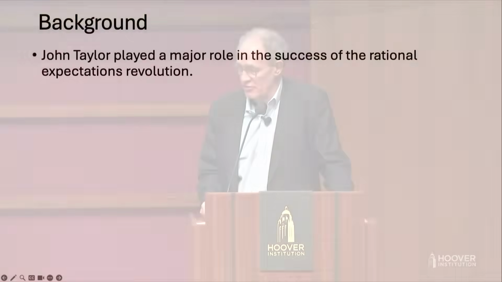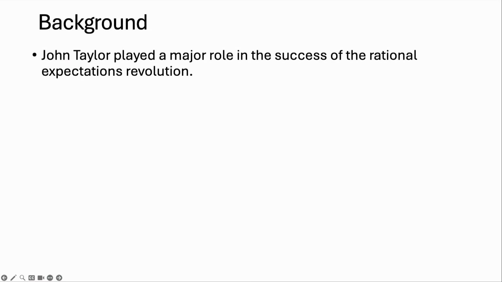But right now, I'm going to talk about John's Taylor rule, and give some thoughts about it. So, some background. John played a major role in the success of this big revolution.